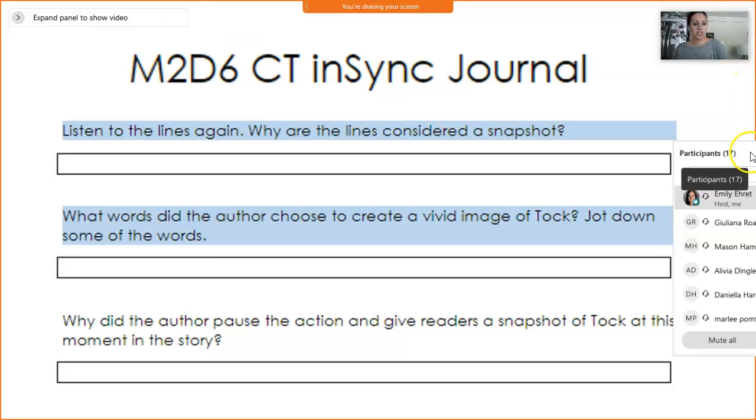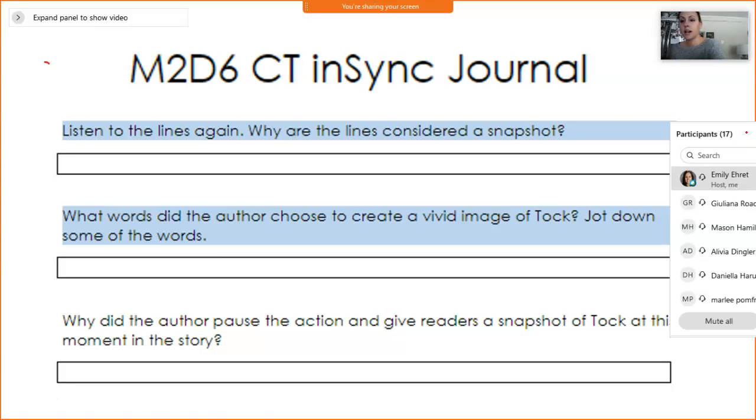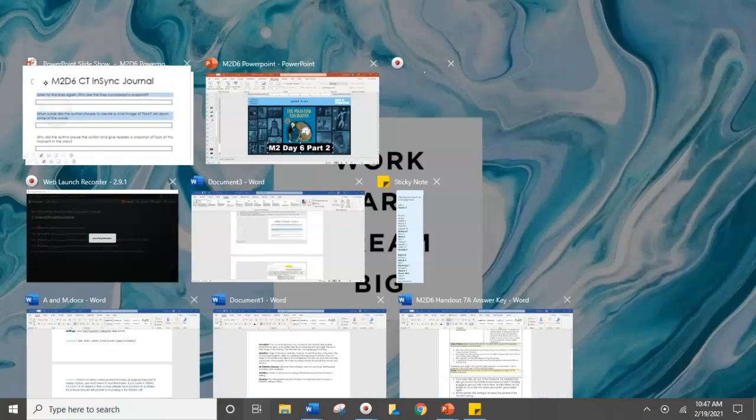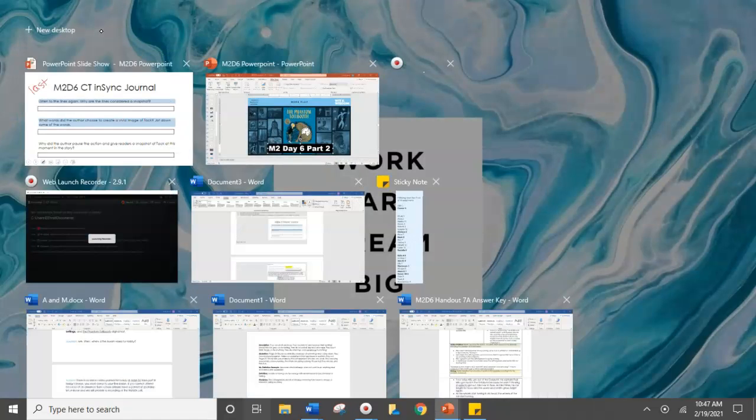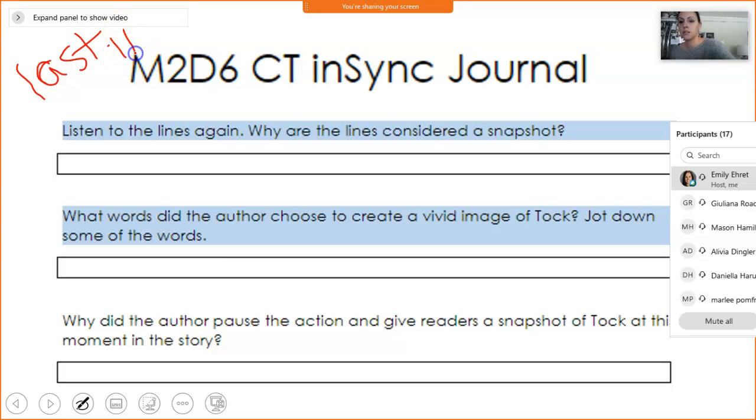So what I want you to do is, I'll write last paragraph, sorry. That's the paragraph symbol. Page 29. Last paragraph on page 29 if you need to reread that.